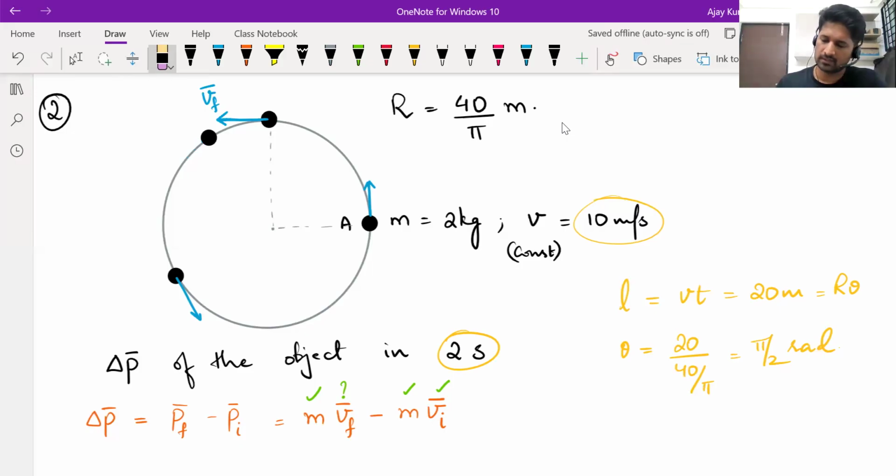Okay, let us complete this problem now. You know how it was moving initially, you know how it is moving finally.